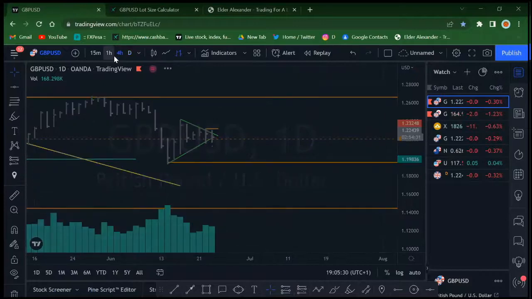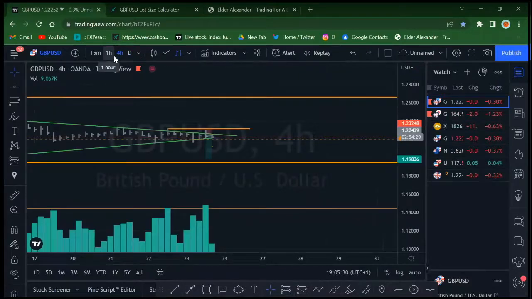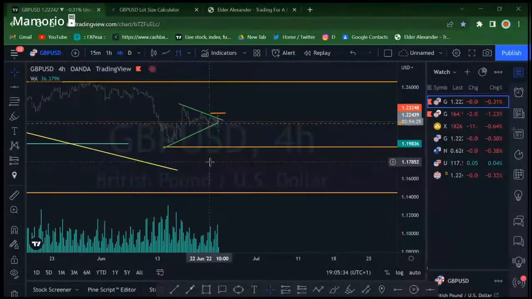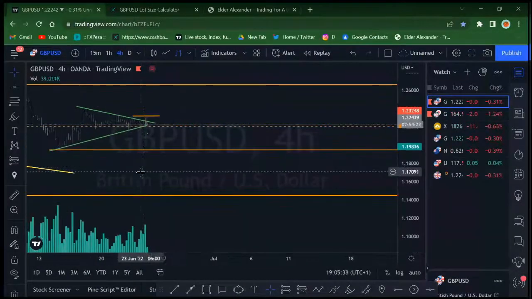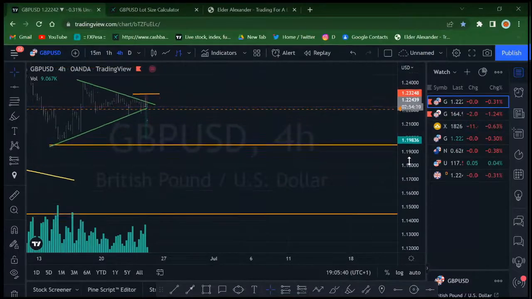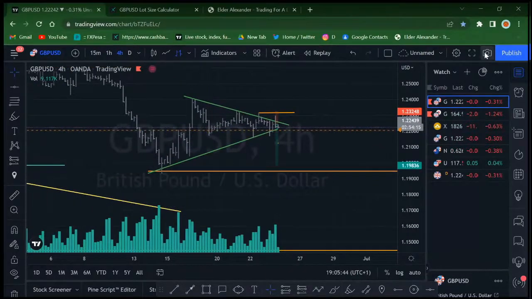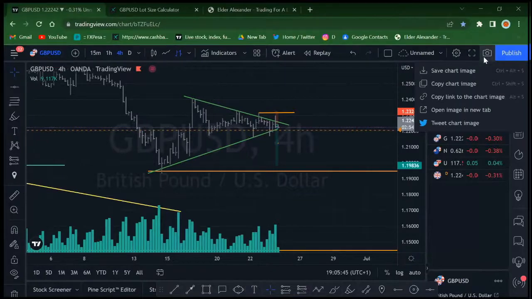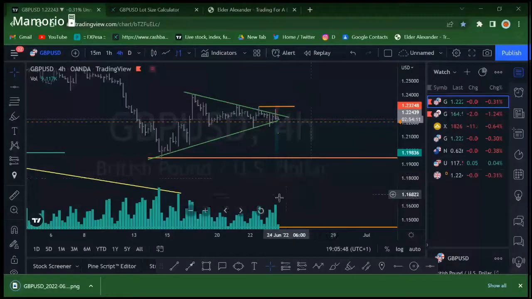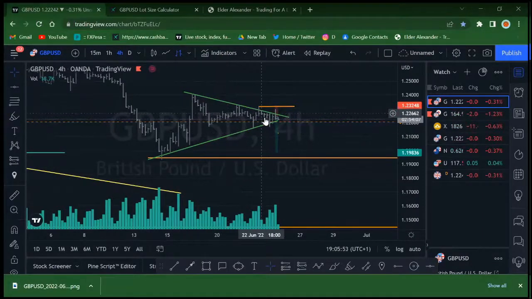On the phone, it's much more visible. Let me take a screenshot of it. So you can see the market is quite visible. The apex has really portrayed itself.